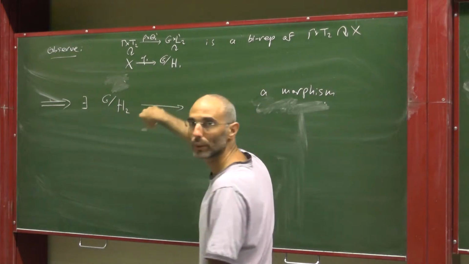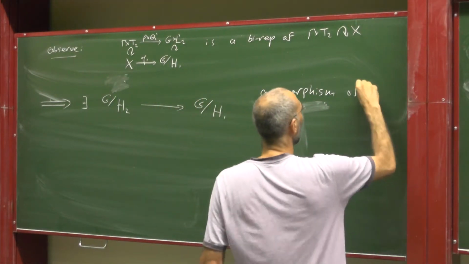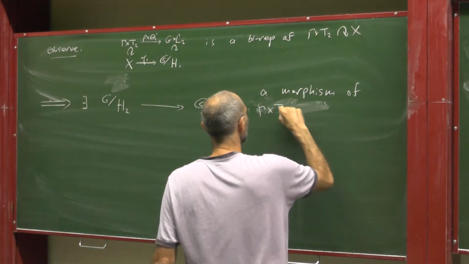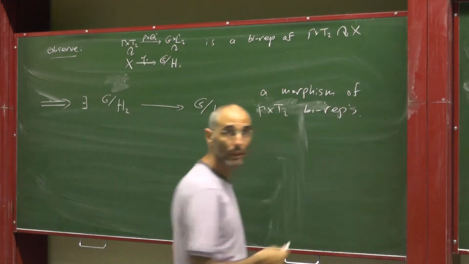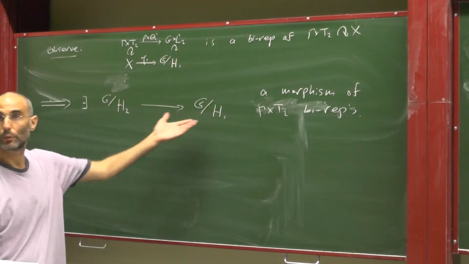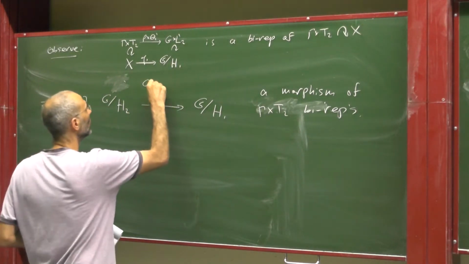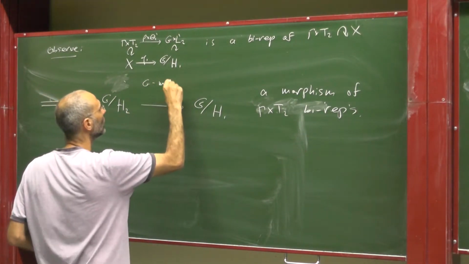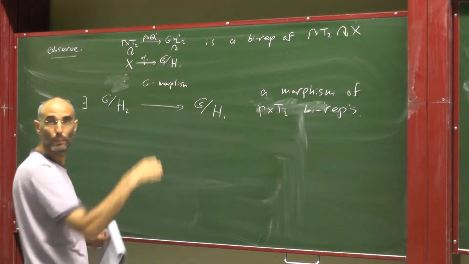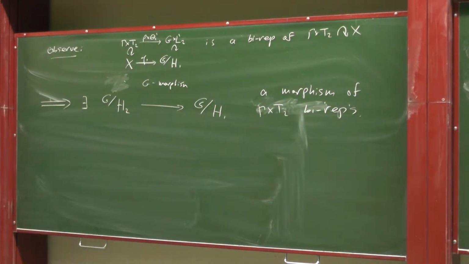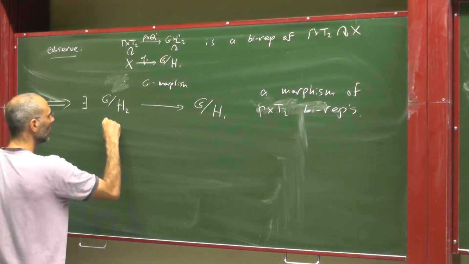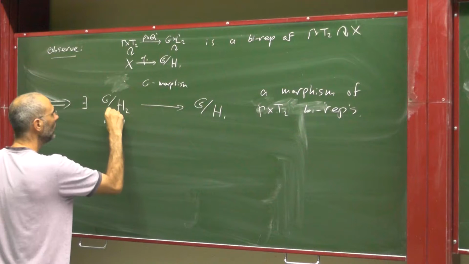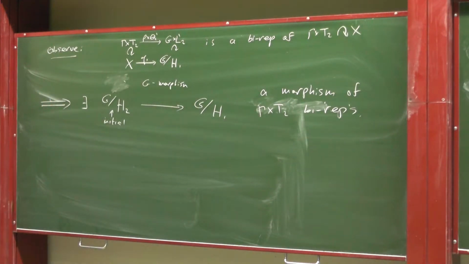This is a shorthand notation for a morphism of gamma times T2 bireps. In particular, this is a G morphism of this variety. But it has much more structure. I don't care. Again, due to this fact that this is initial in that category.